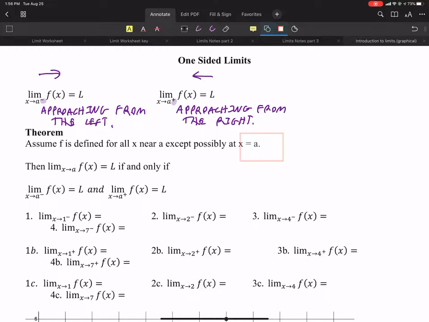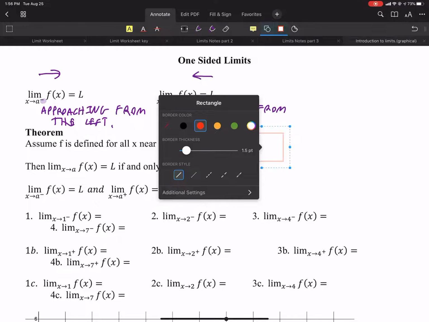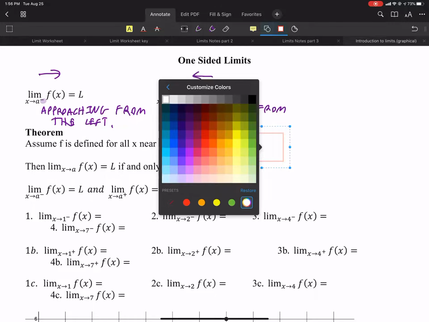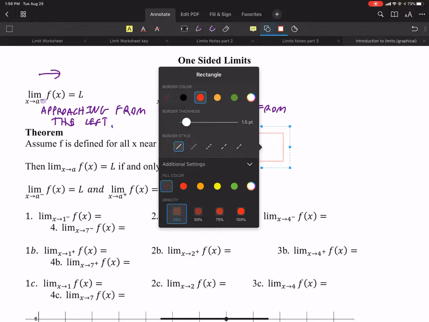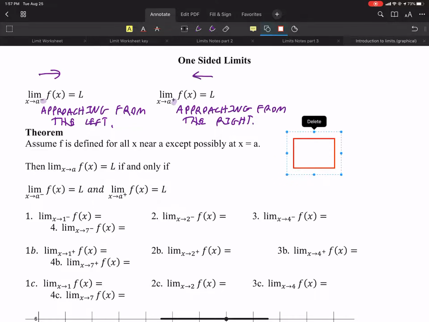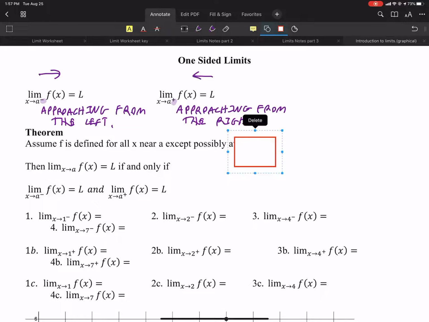Let's try this again. Oh, but I want to make it hollow. Properties, border thickness, full color. How do I choose nothing? I don't know what that is. Sorry guys, I'm kind of experimenting with you guys. Yeah, that's going to cover it. Okay, I give up on that. I'll just box it by hand.